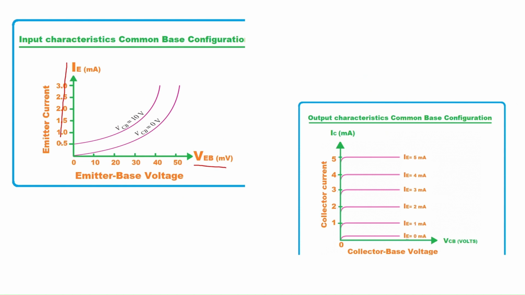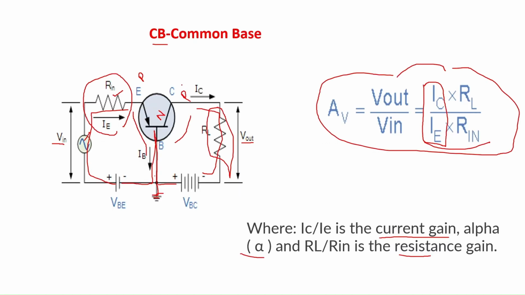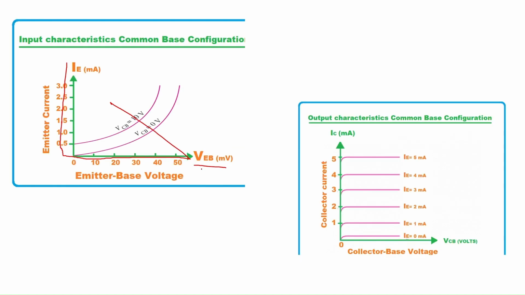The variation of IE with respect to VEB is plotted while changing the value of VBC. By changing VBC, the variation of IE is noted.